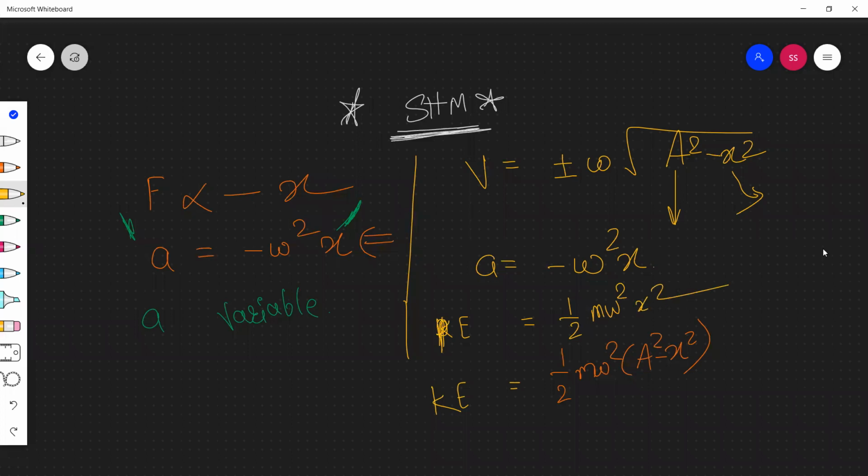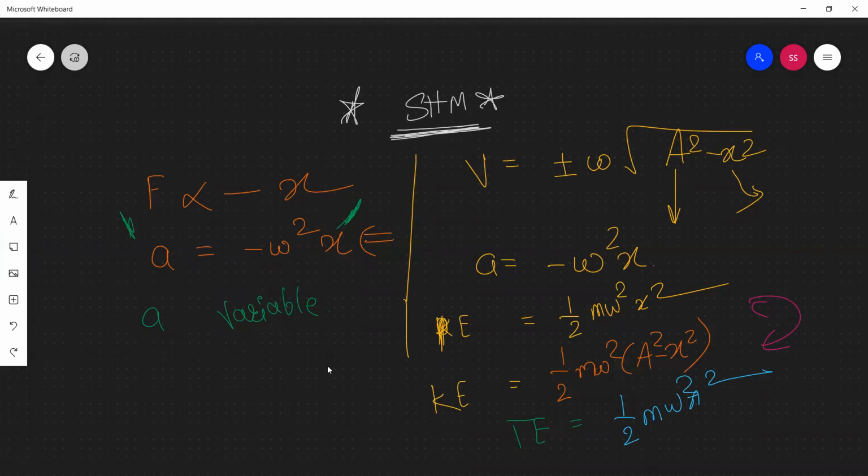This is the kinetic energy and potential energy, and you will be able to see that the total energy of the body, if you add kinetic and potential, is half m omega square a square, which is a constant. These are what are called the displacement equations of SHM.